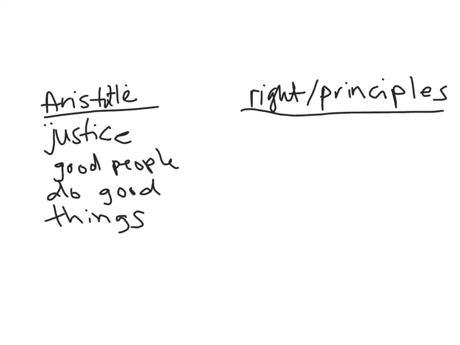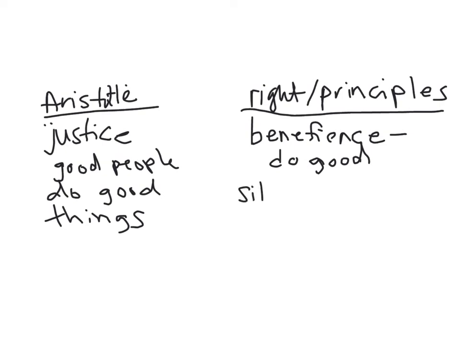In terms of rights and principles, remember we have the principle of beneficence. It's a weird word. Beneficence means you do good, and then non-maleficence, which is the silver rule. So that's do no harm.